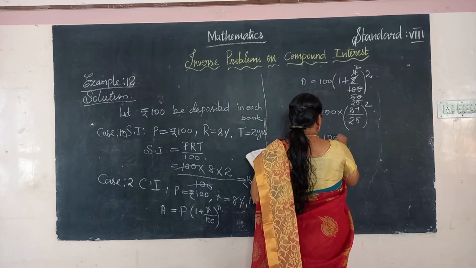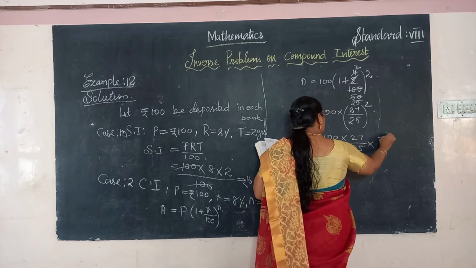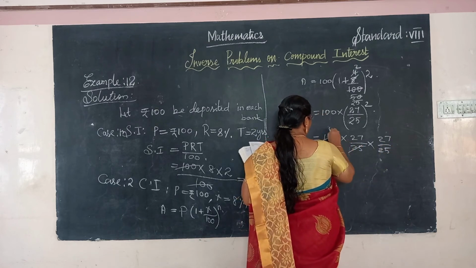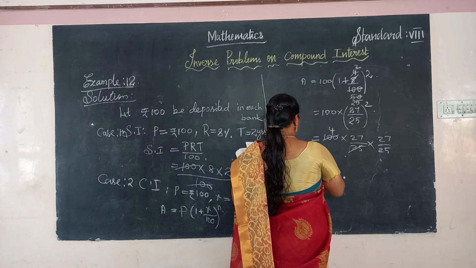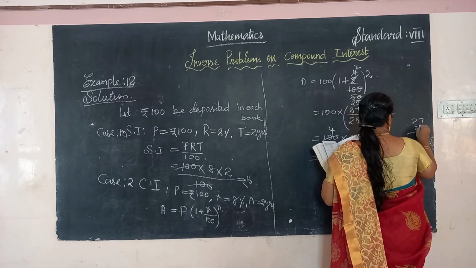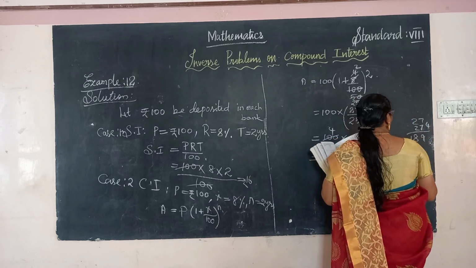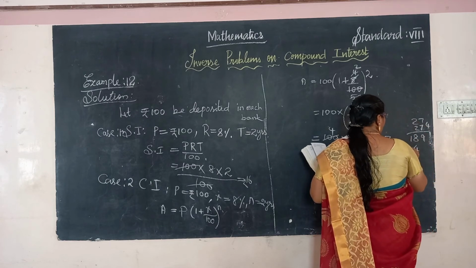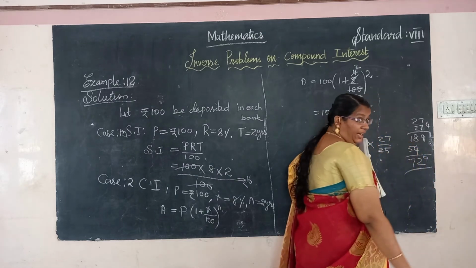Now write in expanded form 100 into 27 by 25 into 27 by 25. 27 times 27: 7 sevens are 49, 14 plus 4 is 18, 2 twos are 4 plus 1 is 5, so 729.